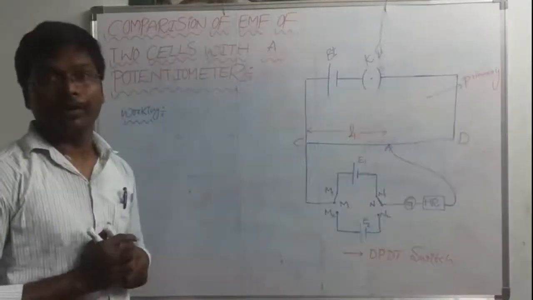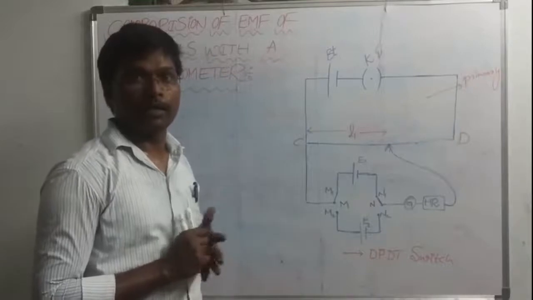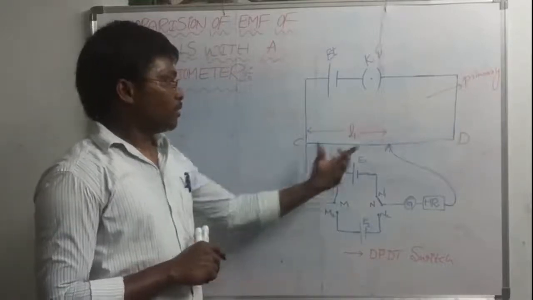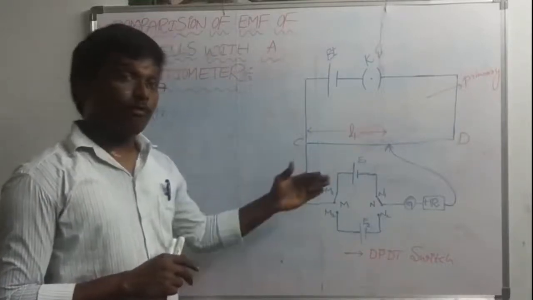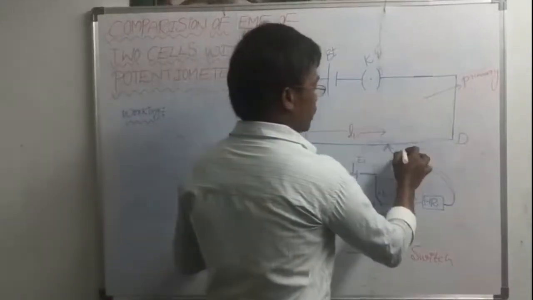This is a theory topic. Please try to listen carefully, point by point, to what is happening here. This is the balancing length. How did we find the balancing length here? By the use of the jockey.